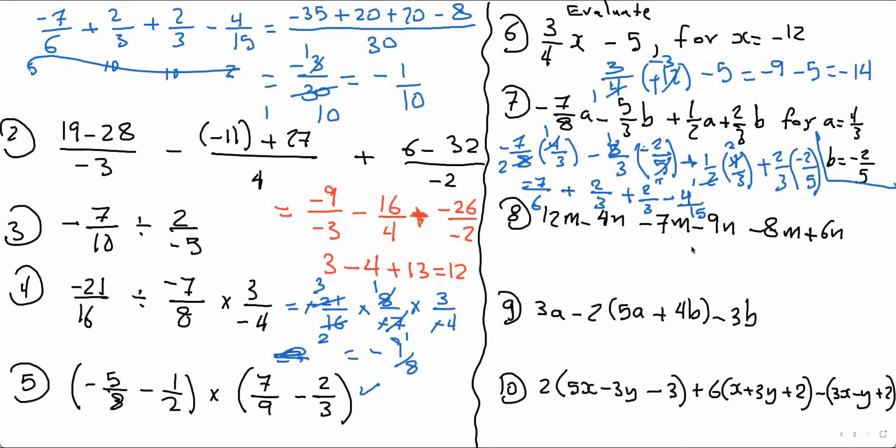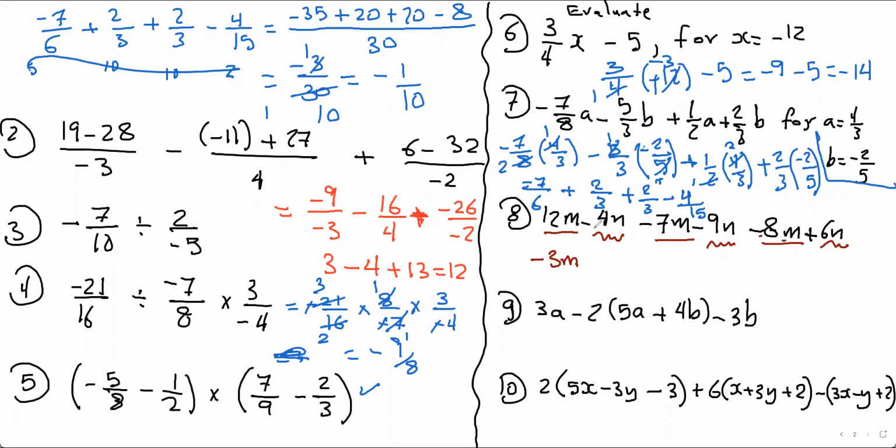Now, how about here? Here we just underline like terms. So the 12m, the 7m, and the 8m, and then I underline the n's differently. 12m minus 7m gives me 5m. 5m minus 8m is -3m.